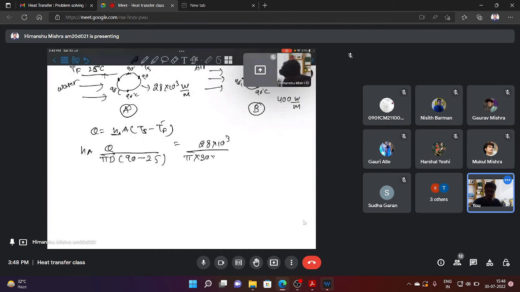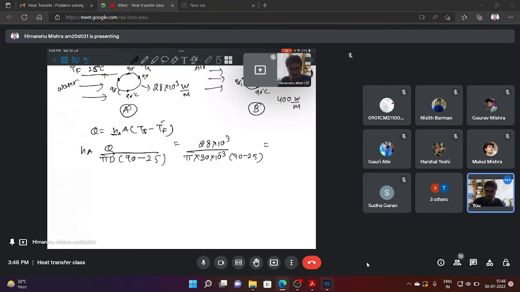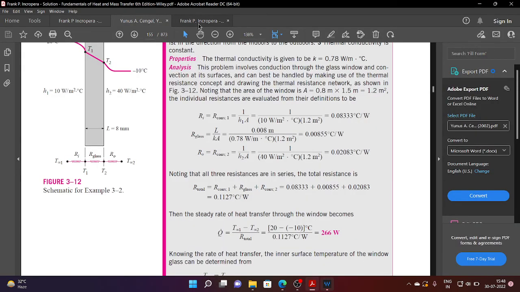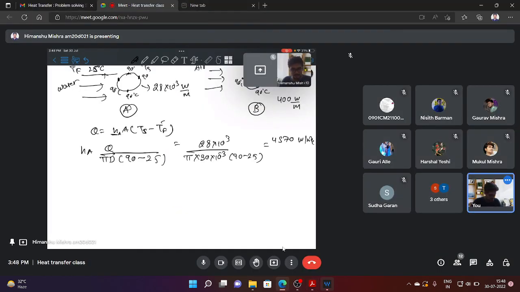So it will be, let's check, around 4570. So this will be the value we will get if we calculate this.